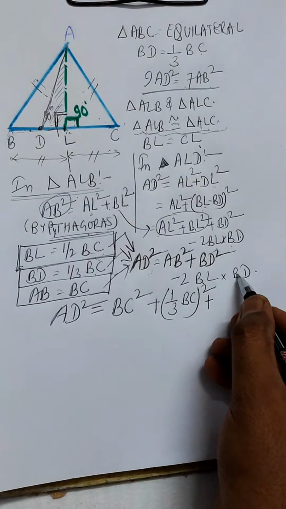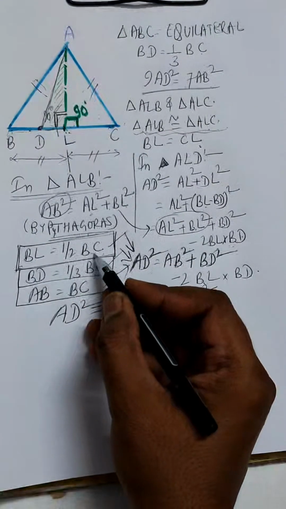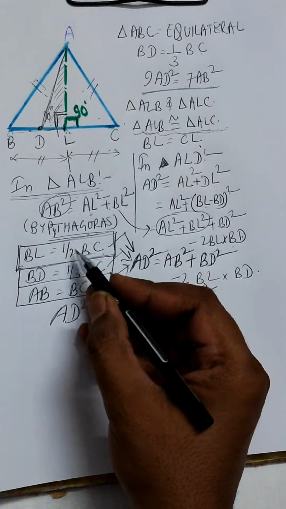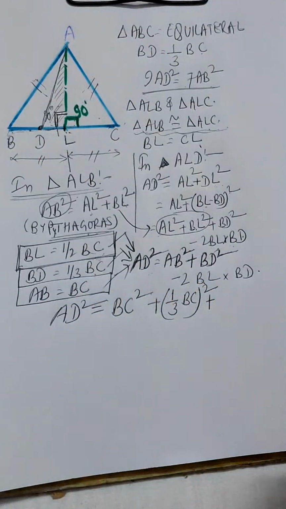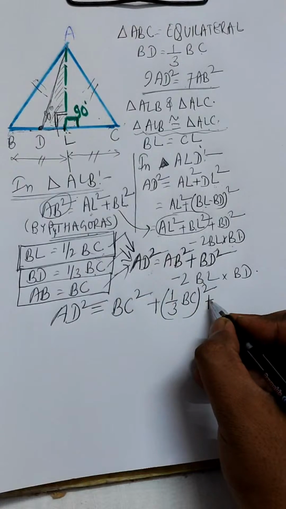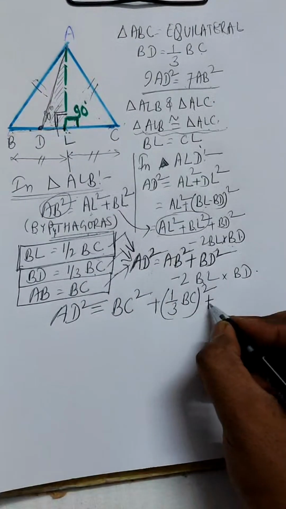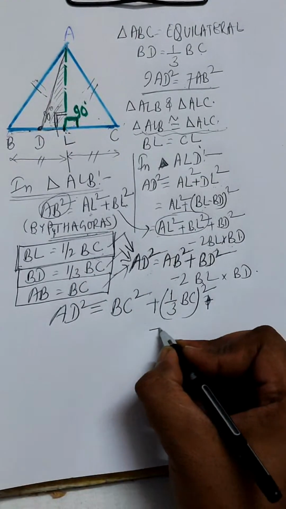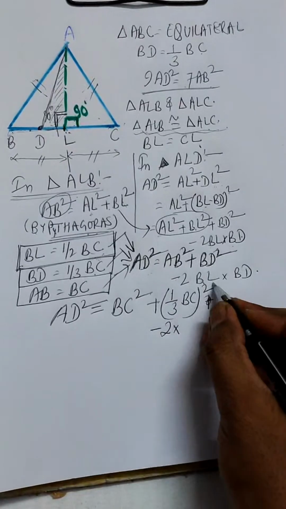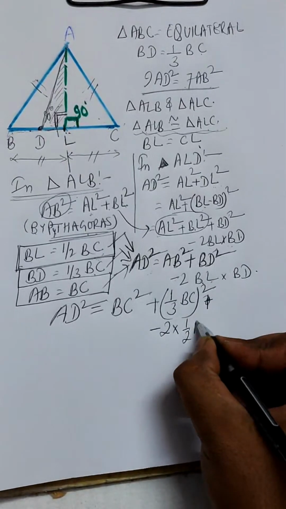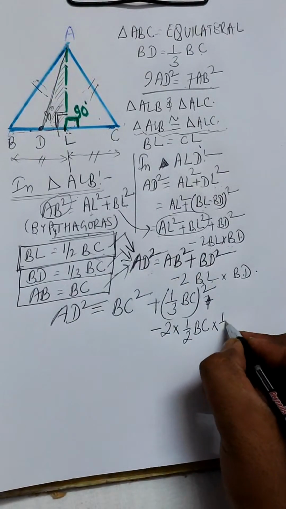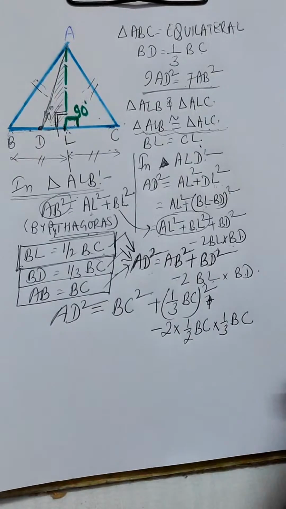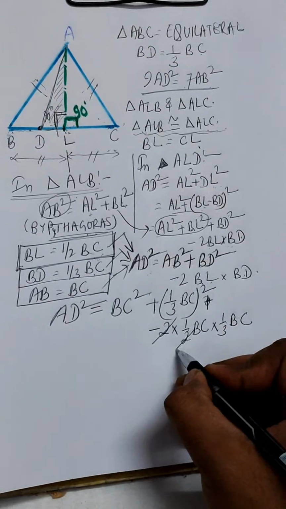Minus 2 into, in place of BL, half BC, and in place of BD, 1 by 3 BC, right? 2 will be cancelled out.